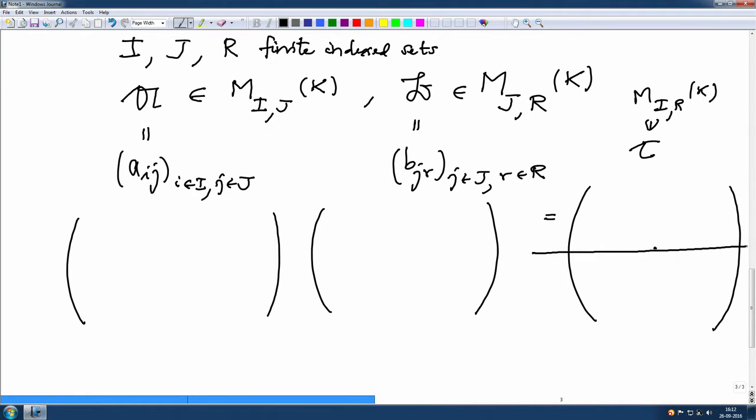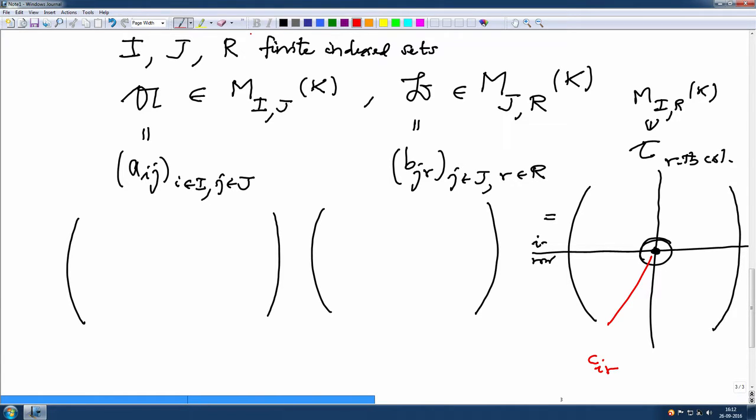This is the ith row and the rth column. This is the ith row, and this entry we want to explain.